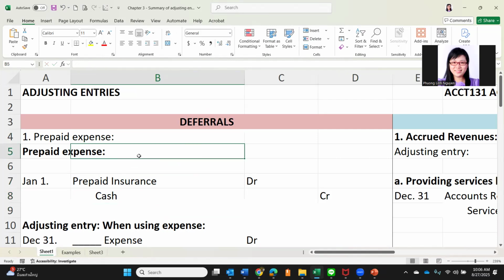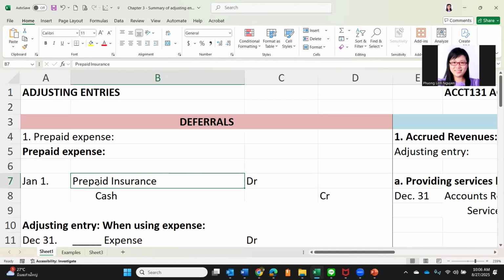So in chapter 2, we learned that when we prepay for some expenses before we use them, we're going to have prepaid insurance, prepaid rent, and these kinds of accounts belong to assets. They are asset accounts because prepaid insurance or prepaid rent gives you a benefit in the future.